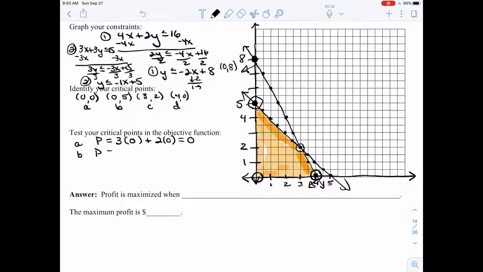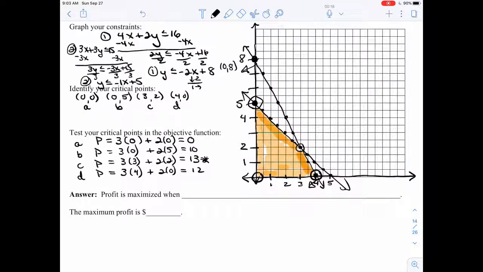For point B, we have 3 times 0 plus 2 times 5 for $10. For point C, P equals 3 times 3 plus 2 times 2, 9 plus 4, 13. And finally, testing our 4, 0 point is 3 times 4 plus 2 times 0 equals 12.